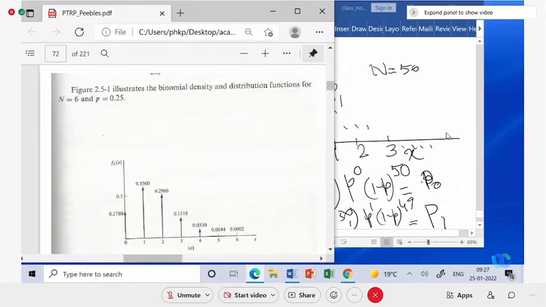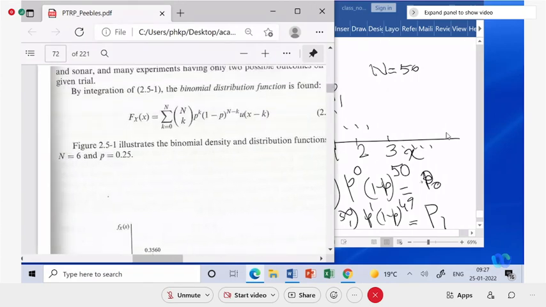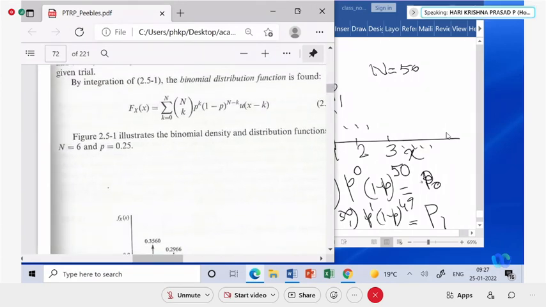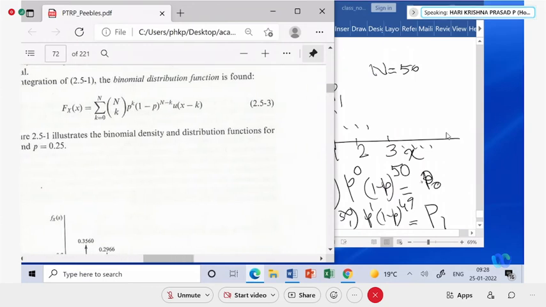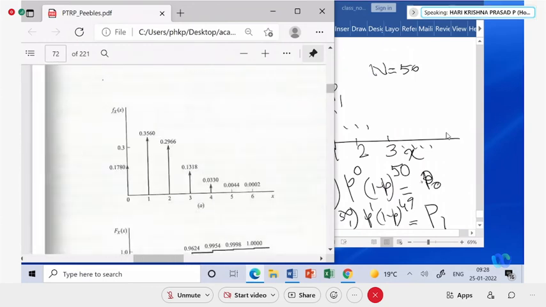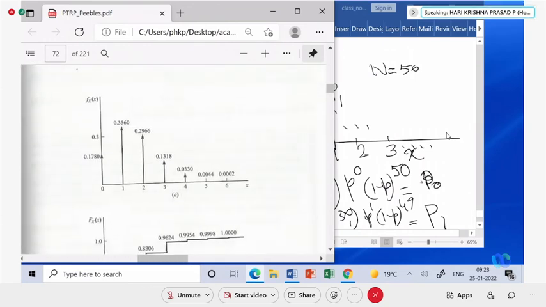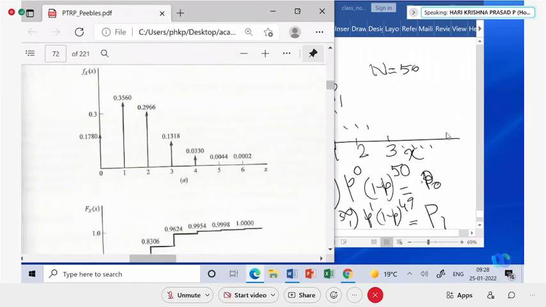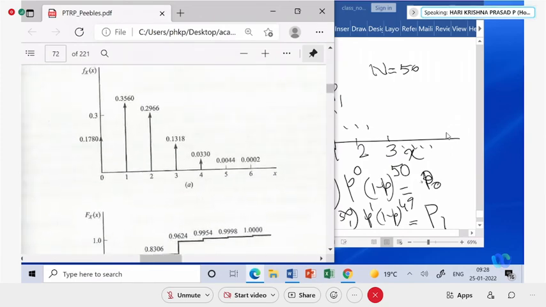See the description of this figure. For n equal to 6, p equal to 0.25, x will have values from 0 to 6. For each value of x, the values are computed and plotted along the y-axis.